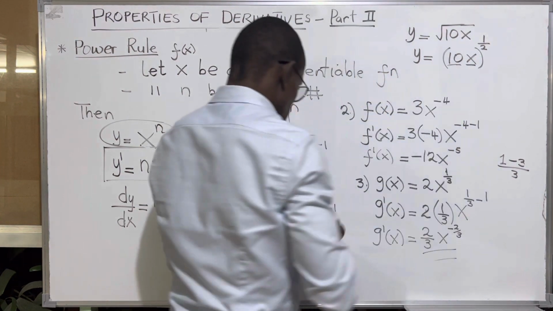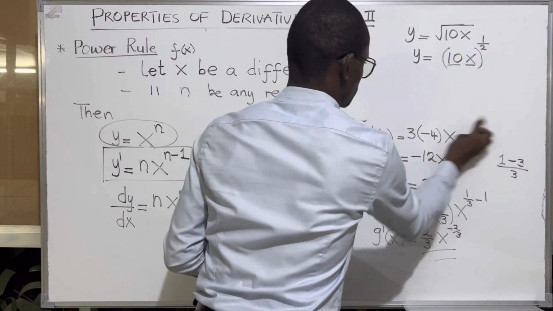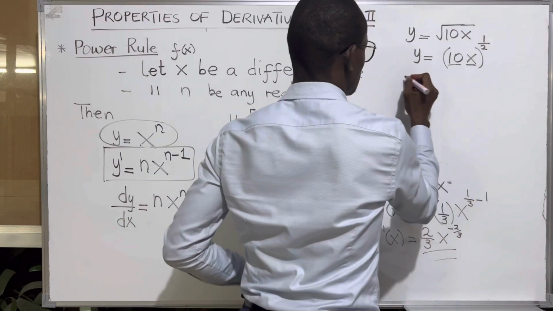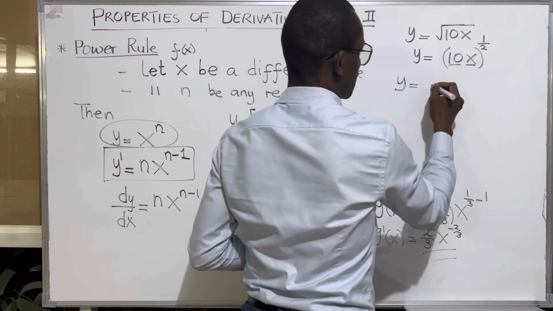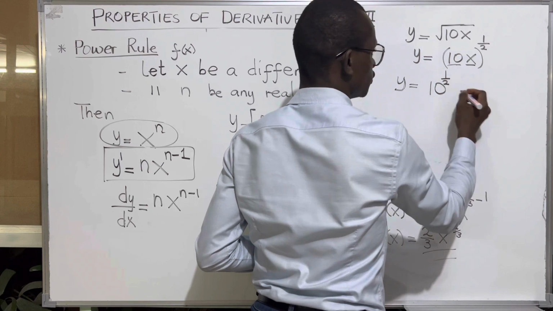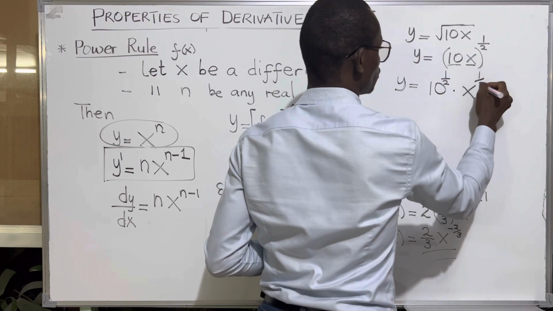So we can rewrite it as y equals 10 raised to the power 1 over 2 times x raised to the power 1 over 2.